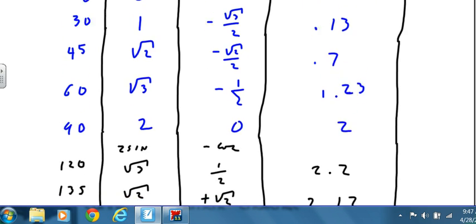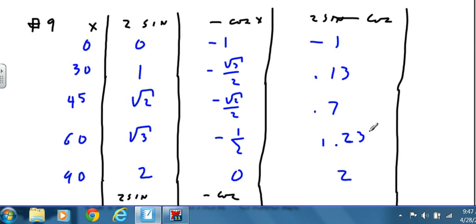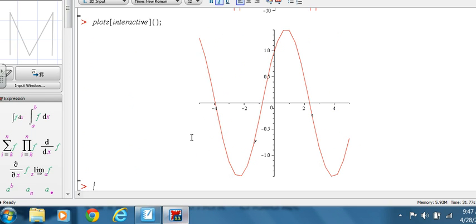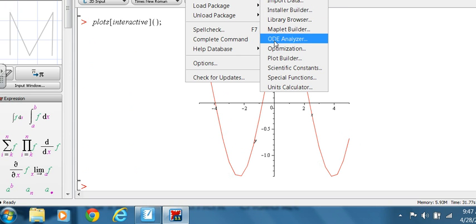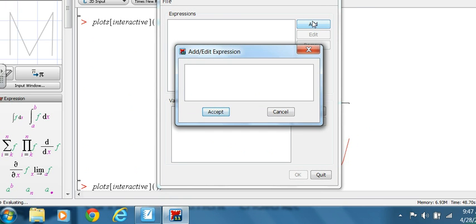Okay, then I'm going to have to continue doing that for another 2 quadrants before I get enough answers. What I'm going to do is go into Maple and do the curve and put it down and say that we're done. So I can do the next problem, which I hope is easier, but I know it won't be. So I've got y is equal to 2 times sine x minus cosine x.